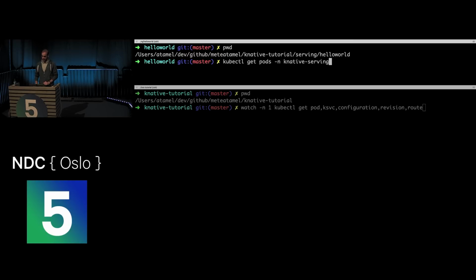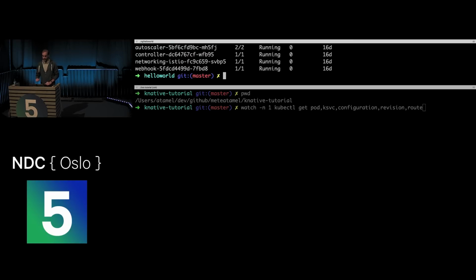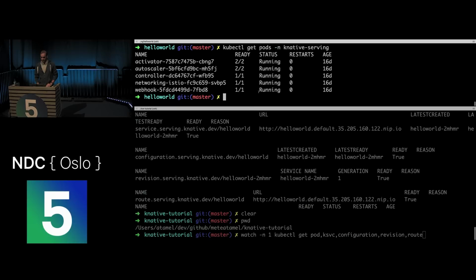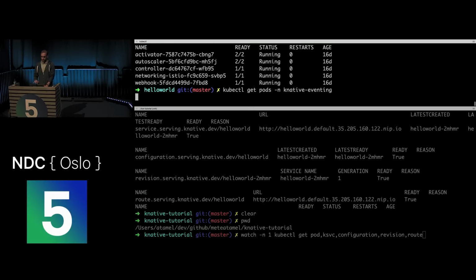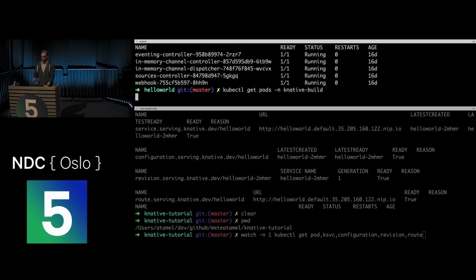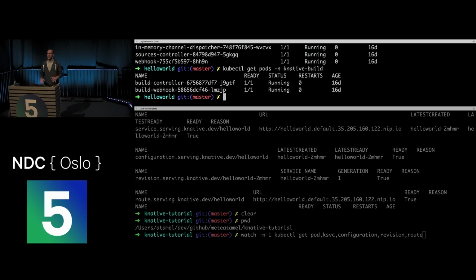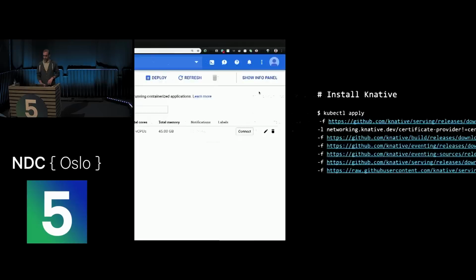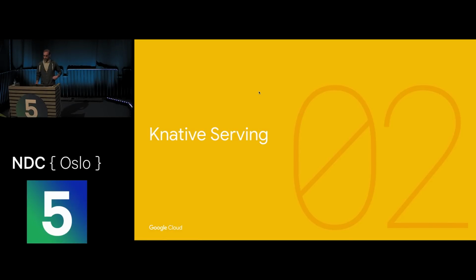So here I'm saying, let me look at the pods of the Knative serving namespace, and let's make sure that they're running. So they are. And then let's look at Knative Eventing. Those are running as well. And then let's look at Knative build. Those are running as well. So everything is running, and we can proceed with our presentation and look at the demos later.